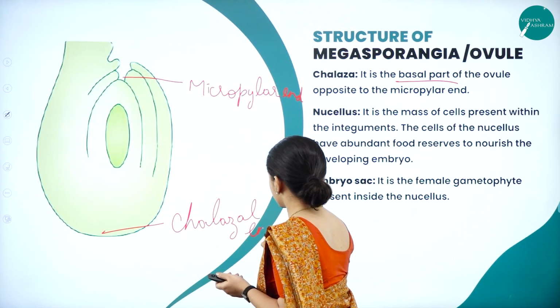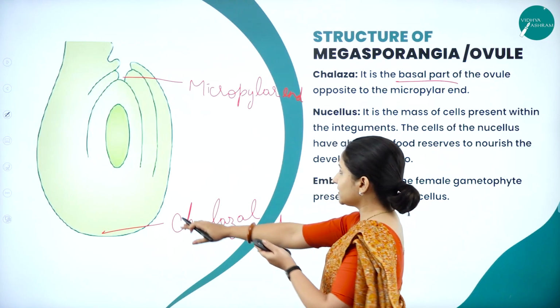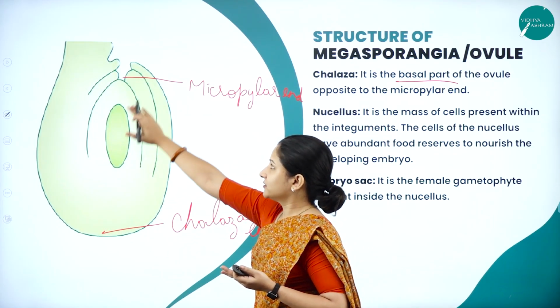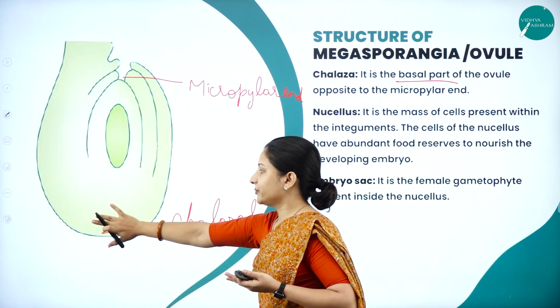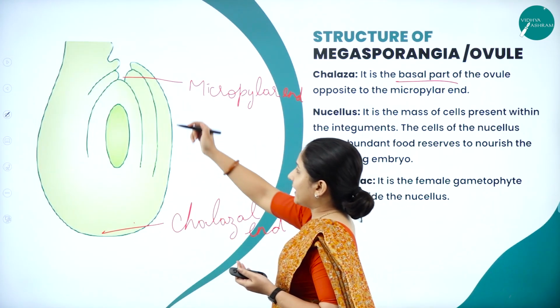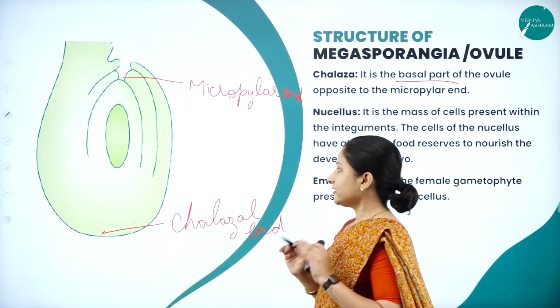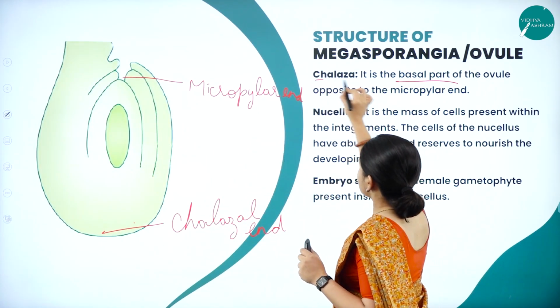So this is the chalazal end. This is the upper part of the ovule. This is the basal part of the ovule. It is the basal part of the ovule that is present exactly opposite to the micropylar end. So that is about the chalaza.